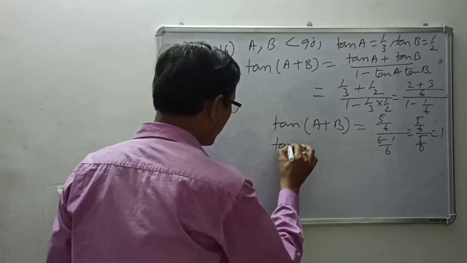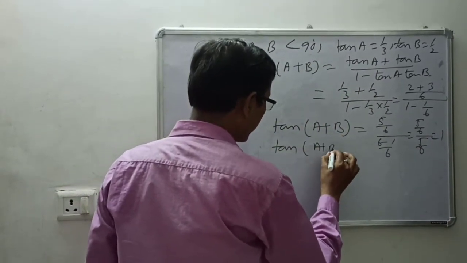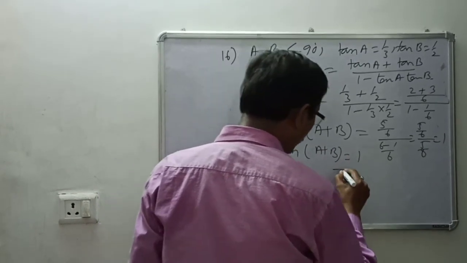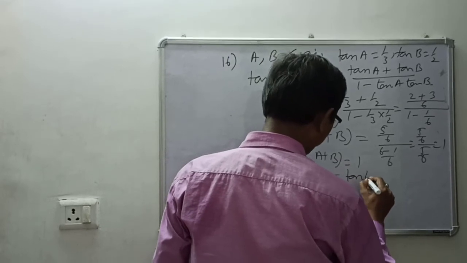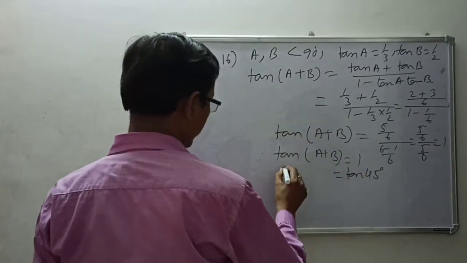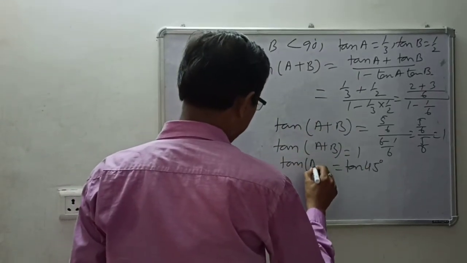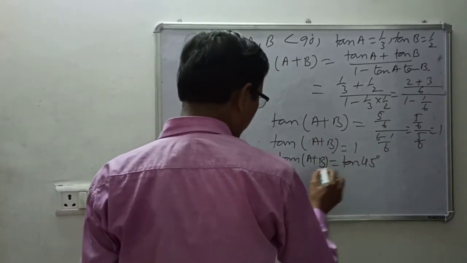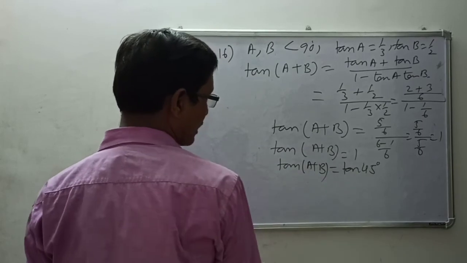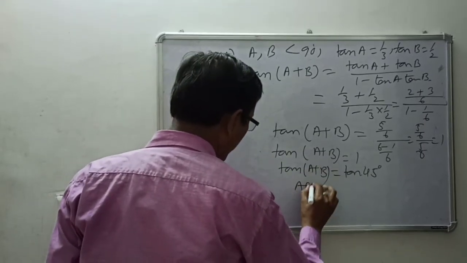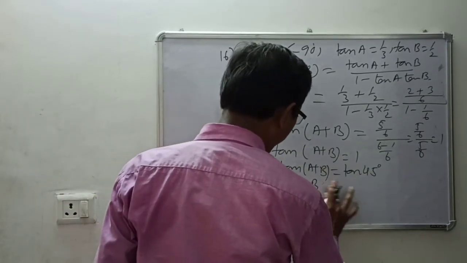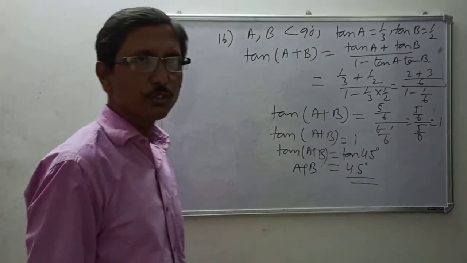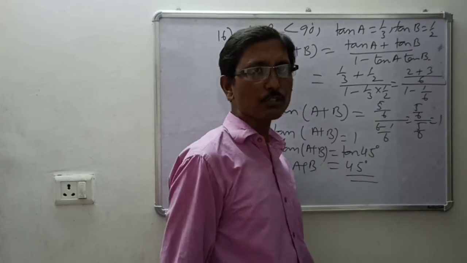So ultimately you are getting tan of A plus B equal to 1. 1 means whose value will it be? Tan 45 degree. So tan of A plus B equal to tan 45 degree. From there you can compare: if tan theta equals tan A, then A plus B will be equal to 45. So in this way we can do that.